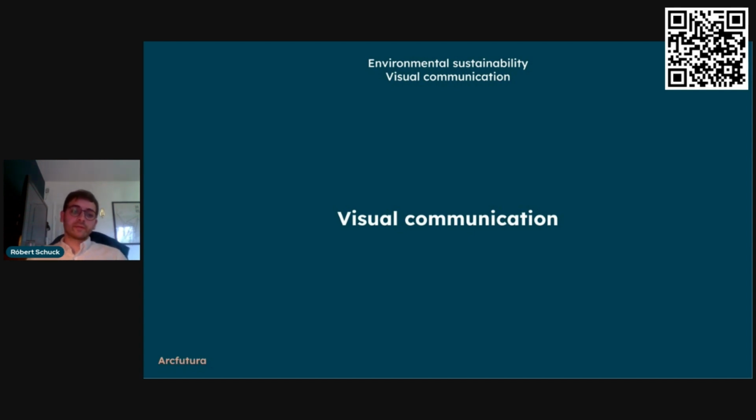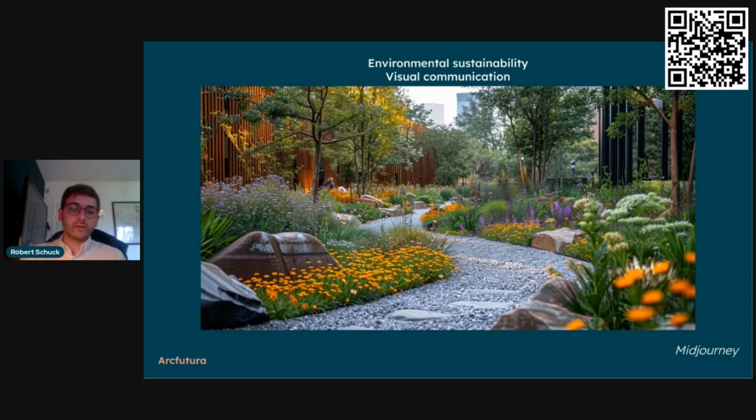Now we talked quite a lot about text-based things, but we are first and foremost visual communicators. I recently had a conversation with a friend of mine who runs her own office, and she told me that she finds it quite challenging to create compelling images for projects where they want to work with contemporary, high biodiversity, sustainable, close to nature design.